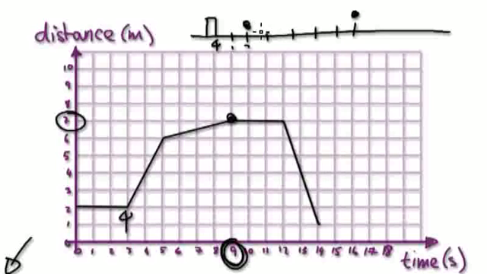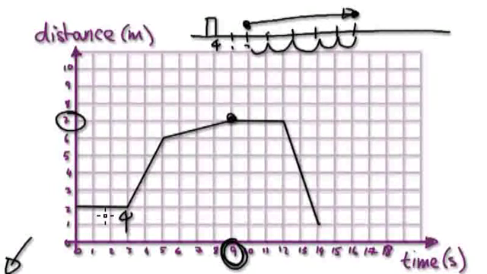Well, the distance traveled would be this line here. So that would be 1, 2, 3, 4, 5. So the distance traveled would be 5 meters, because you are here. This is the distance here. Well, the distance traveled is 7 take away 2. Okay, it's this distance here.